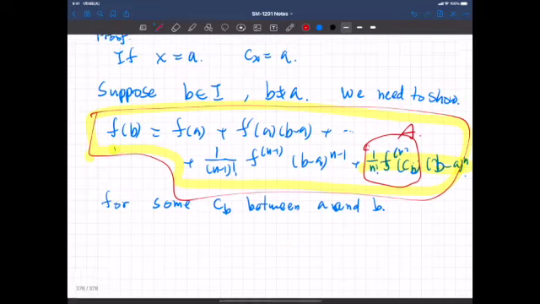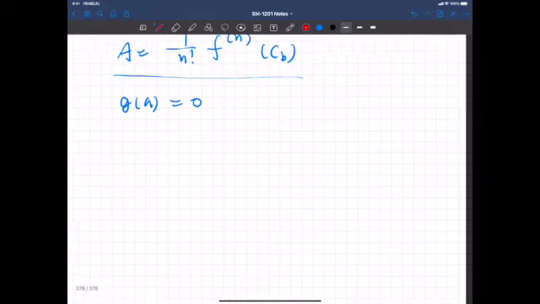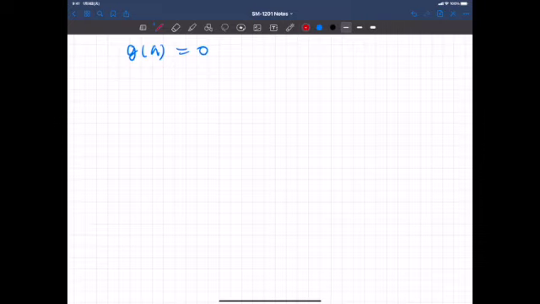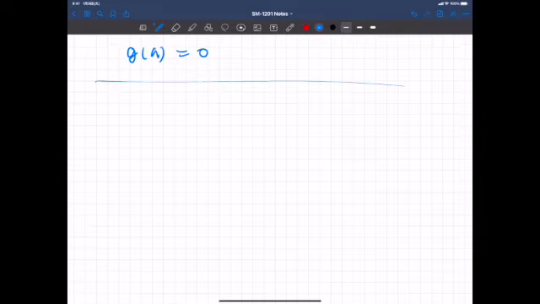Now let's consider the meaning of the Taylor expansion. Given some function f, let's define a polynomial function by this.